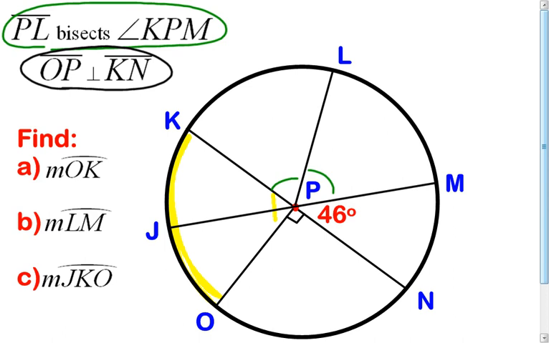The first thing I'm going to look at is this 46-degree angle. I see that it's a vertical angle with this one right here. Probably do double arc. So I know this is a 46-degree angle. And then I also know that this is a right angle. So I can do 90 minus 46.